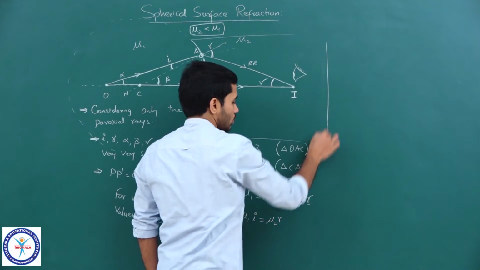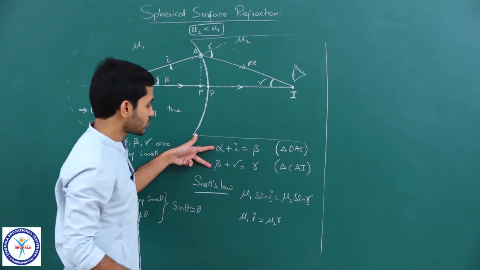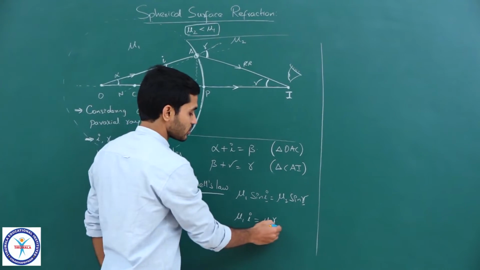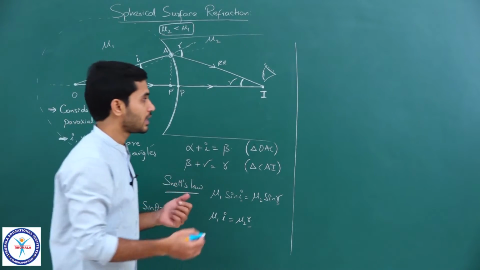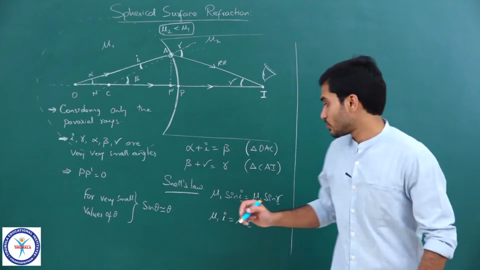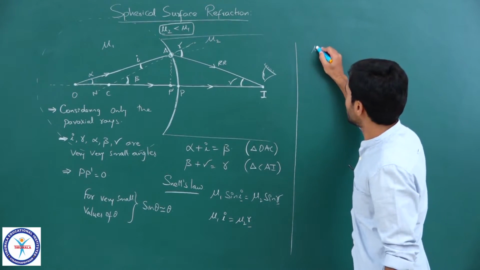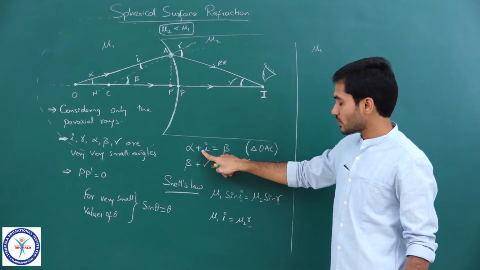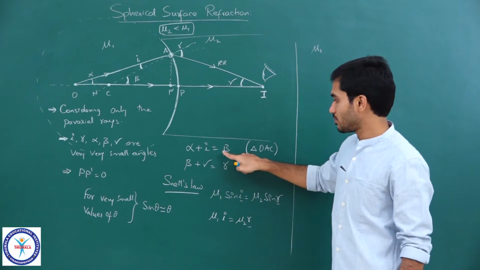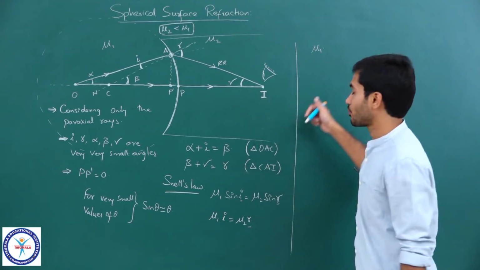So, we have the expressions which we have here. We got one expression from Snell's law. So, if I combine these three relations, let us see what we get. So, here I will be getting mu 1 into I. What is I from this equation? We can write I as beta minus alpha, correct.